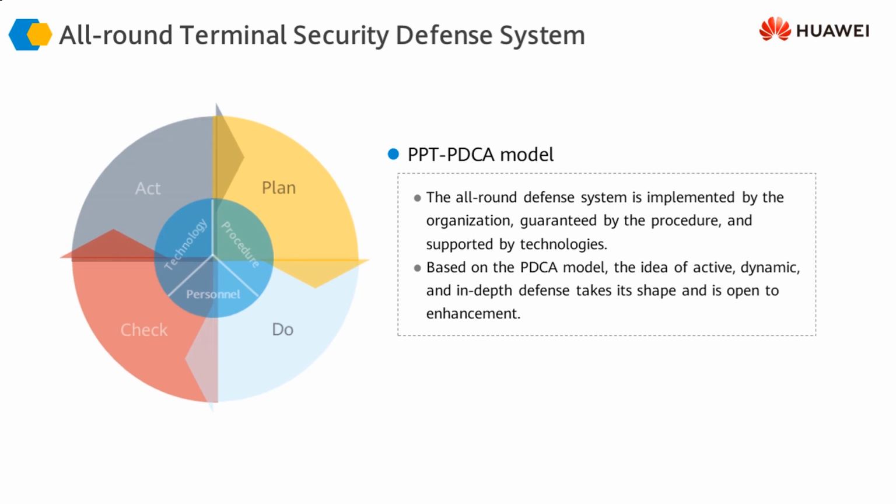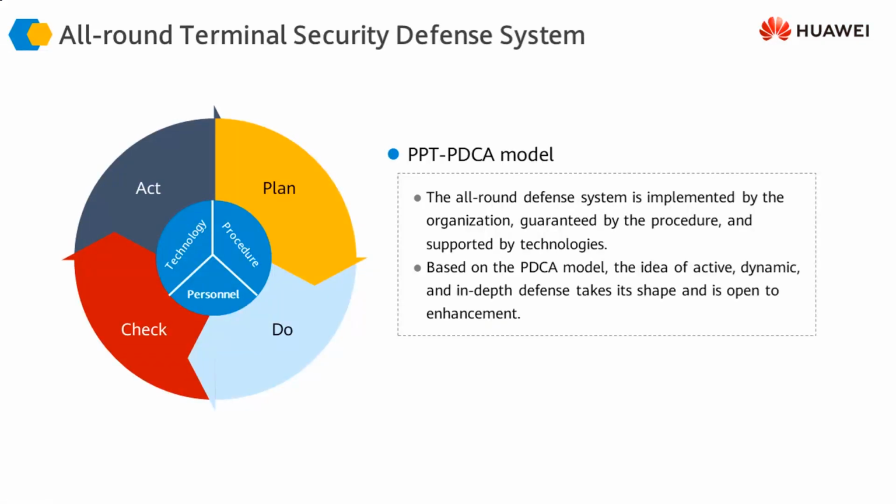This entire PDCA framework revolves around the PPT model, which is people, process, and technology. It means that this framework is going to be decided for the people. It is going to be implemented using processes. Processes need to be in place, and technology needs to be used so that we can implement this effectively.